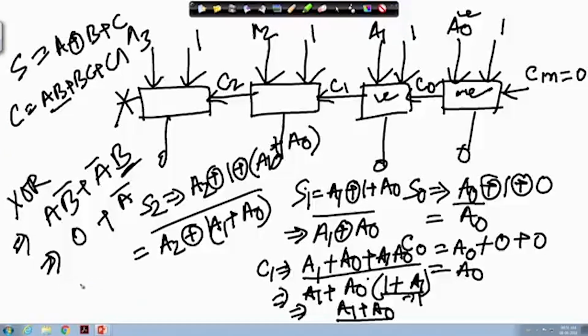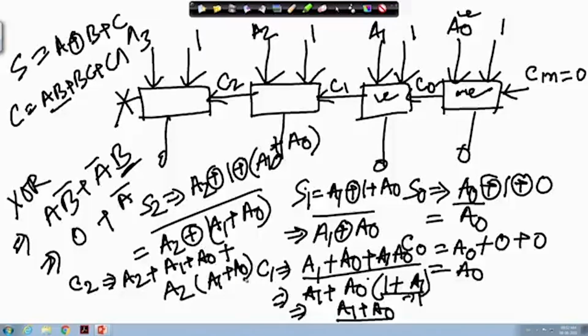So, then again if I try to find out the corresponding carry out expression, what will it be? That means for AB that is A2, plus for BC that is A1 plus A0, plus for AC that is A2 into A1 plus A0.